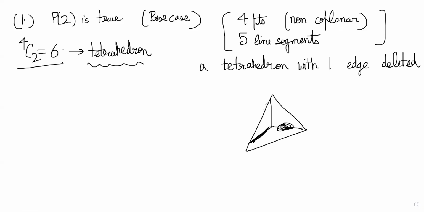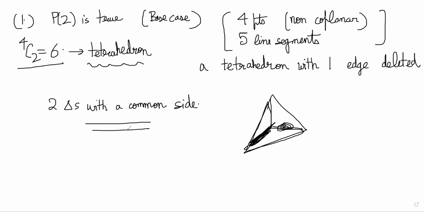For example, this triangle and this triangle. There is a common edge here, right? So anytime you have a tetrahedron with just one side deleted, that automatically means you can make two triangles with a common side there, right? So the proposition is true for n is equal to 2, right? So we have proved the base case.